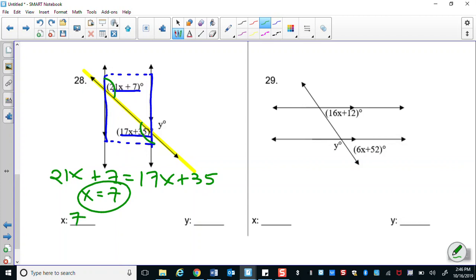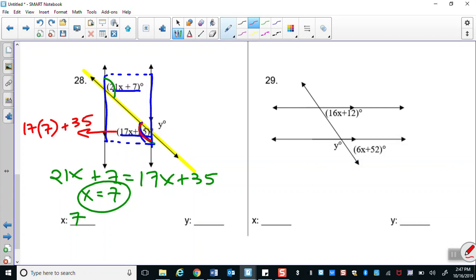Okay, so now we're going to focus on how to find y, which is right next to it. So the first thing that you have to do is find this angle right here that's labeled with the 17x plus 35. So what you're going to do is plug in your x value. So we're going to do 17 times 7 plus 35.